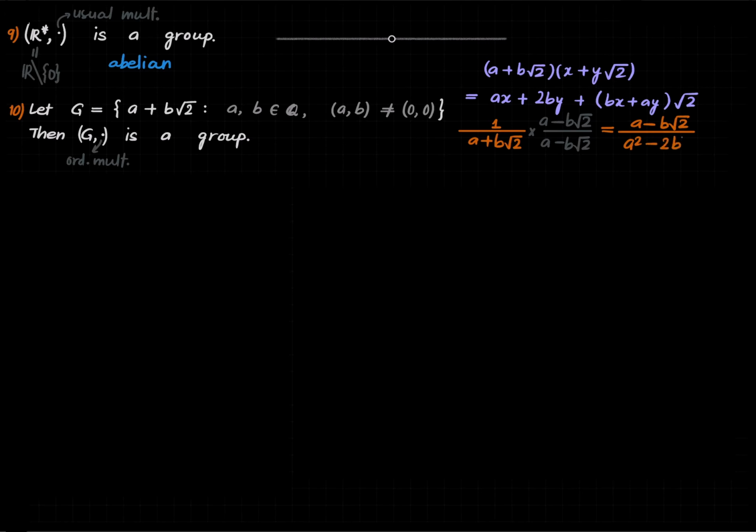Why is the bottom non-zero? Simply because root 2 is not a rational number, or simply this was non-zero and that is non-zero, so their product cannot be 0.